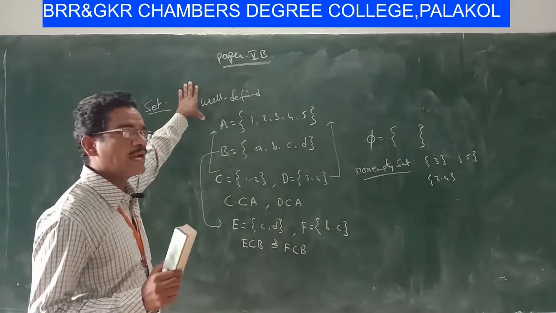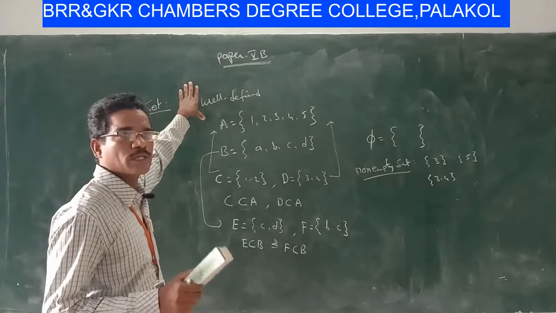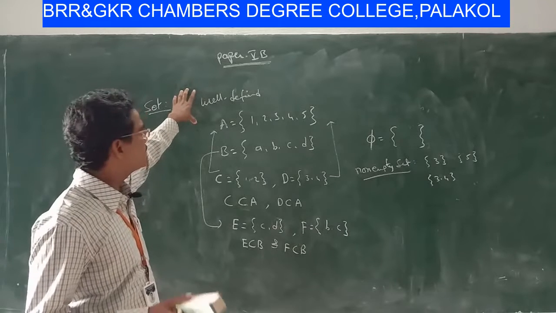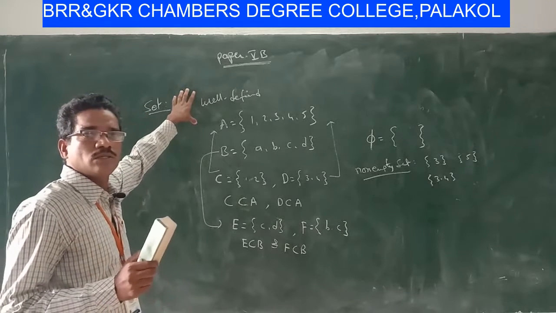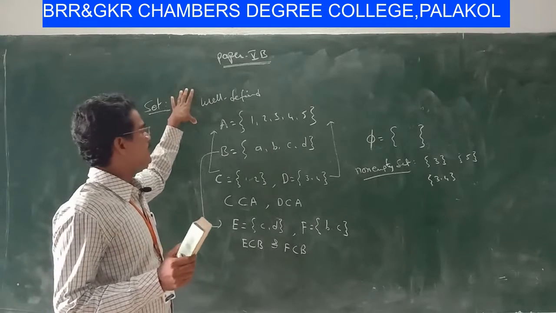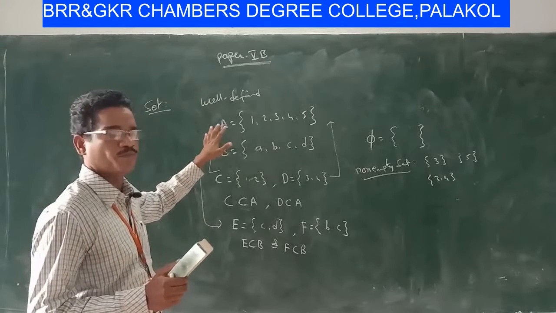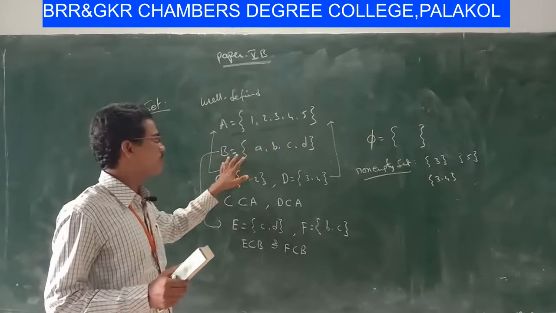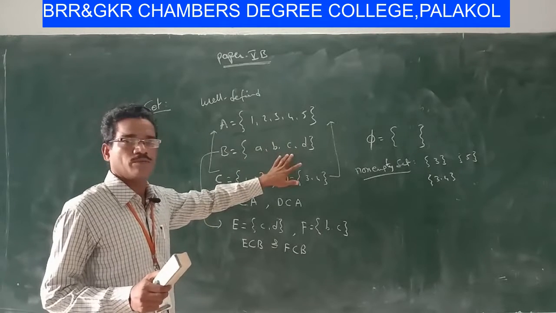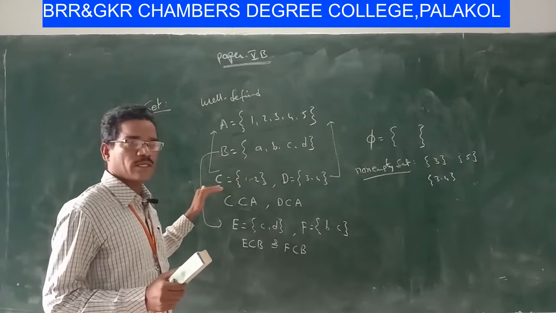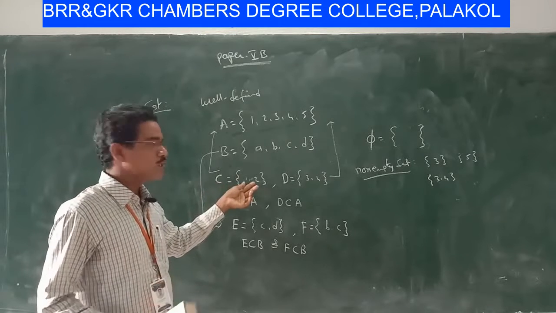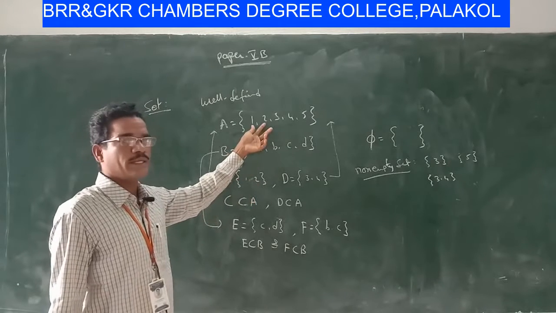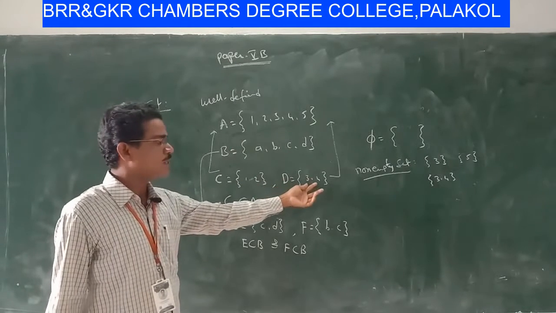So a set means a well-defined collection of elements or objects. It is denoted by capital letters A, B, C, D and so on. Suppose A is equal to {1, 2, 3, 4, 5} and B is equal to {a, b, c, d}. A subset: suppose C is equal to {1, 2}. Here the elements 1, 2 are also in A. Suppose D equals {3, 4}.